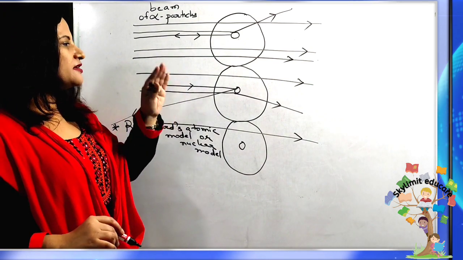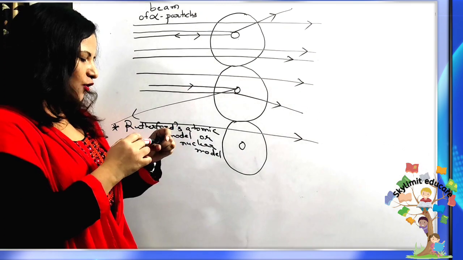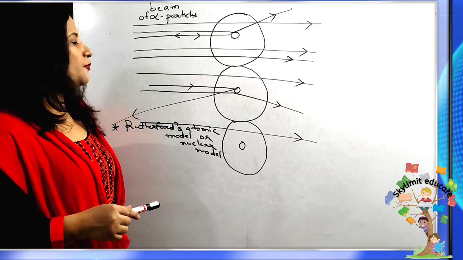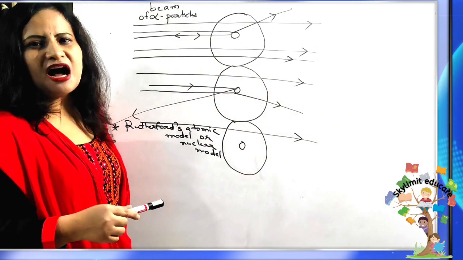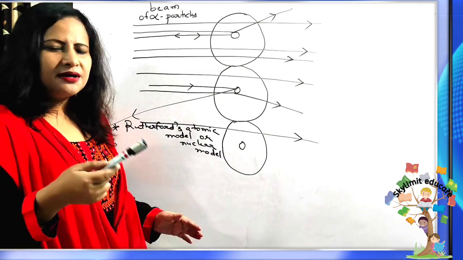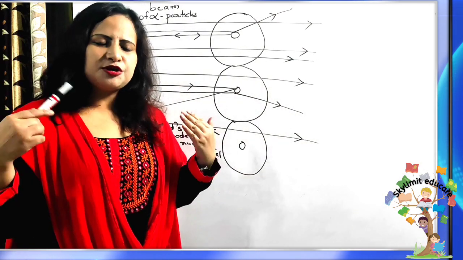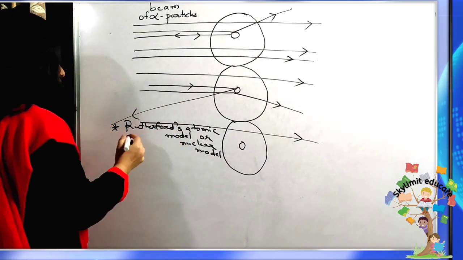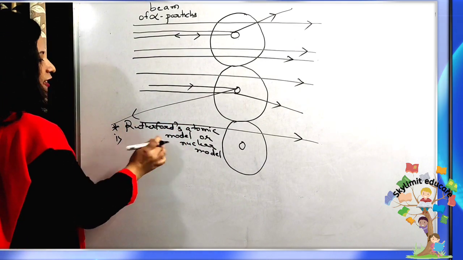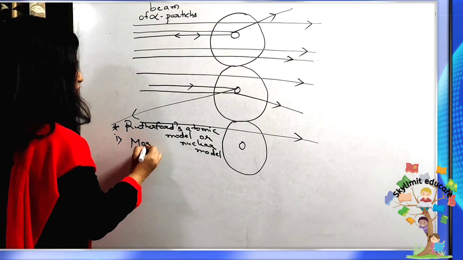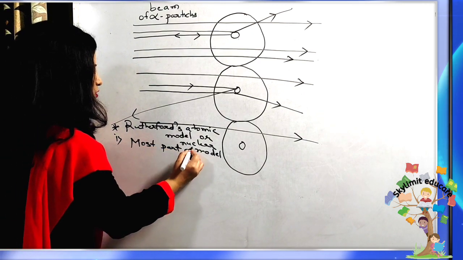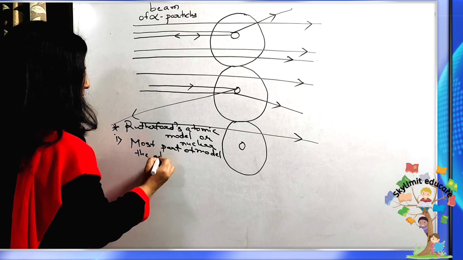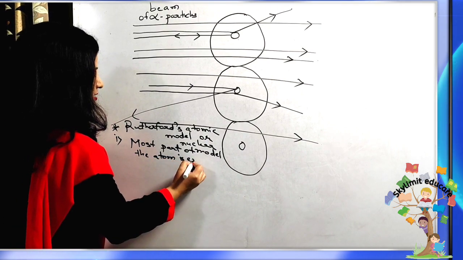So after the observations and after drawing out the conclusion, Rutherford proposed his own atomic model. That is after J.J. Thomson. So it is at this point that J.J. Thomson's atomic model failed, yes or no? Now the first point of Rutherford's atomic model was that most part of the atom is what? Empty. Right?